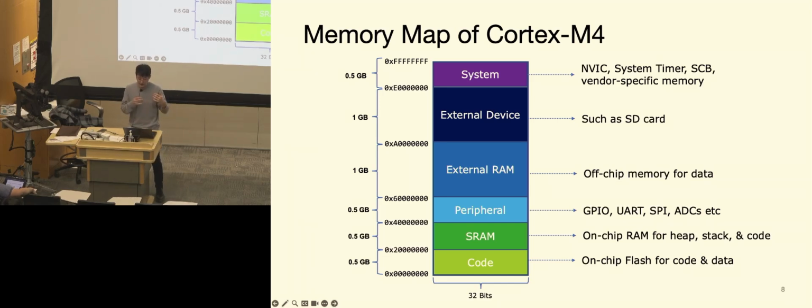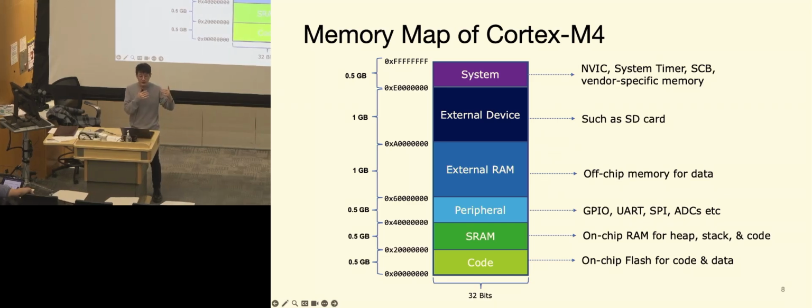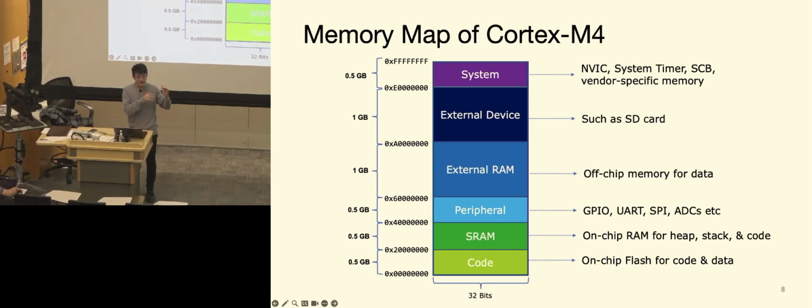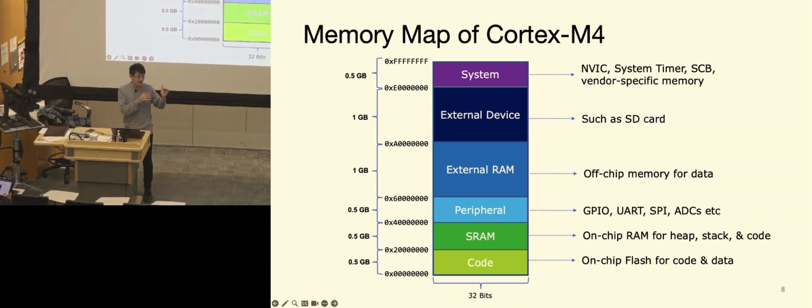You'll notice that although they go everywhere on the chip, and some of them are not even connected to the chip most of the time, they are all mapped in the same memory and I/O system.